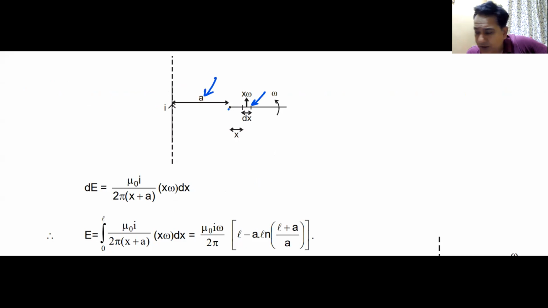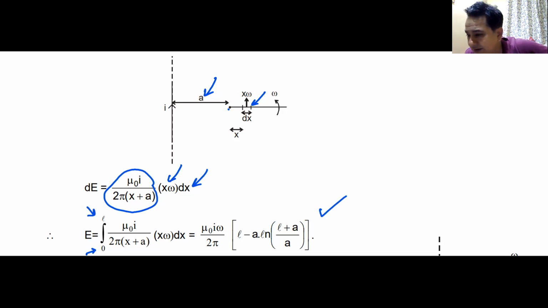Then, how do you find the EMF induced in this small part? It is V cross B dot dl, a small potential difference. The magnetic field will be mu naught I upon 2 pi into (x plus a). Its velocity will be x into omega, multiplied by dx, and you just integrate this for x from 0 to L, and you will get a result of this nature.